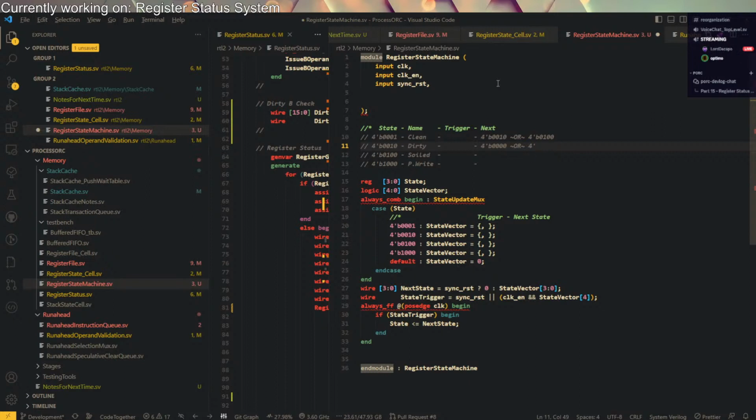What's all zeros? No, nothing there. This default should be 4'b1 0 0 0 1. So that way, no matter if this gets into some unknown state, it's going to immediately trigger itself because the upper bit's the trigger and go to clean. Clean. Dirty. Code. Ending.